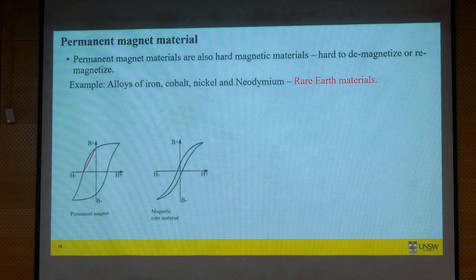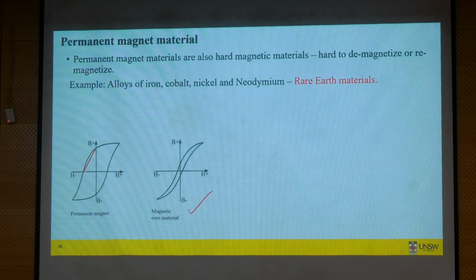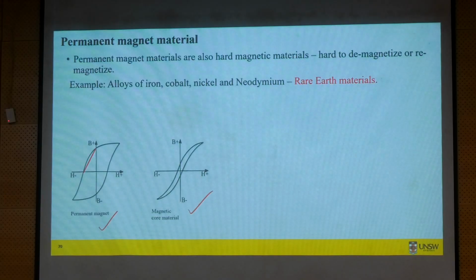Now let's look at the permanent magnet materials. The difference between a permanent magnet material and steel material is, if we look at the hysteresis loop, you will see the permanent magnet material hysteresis loop is very fat, very wide. Here is your steel material, here is your permanent magnet material.